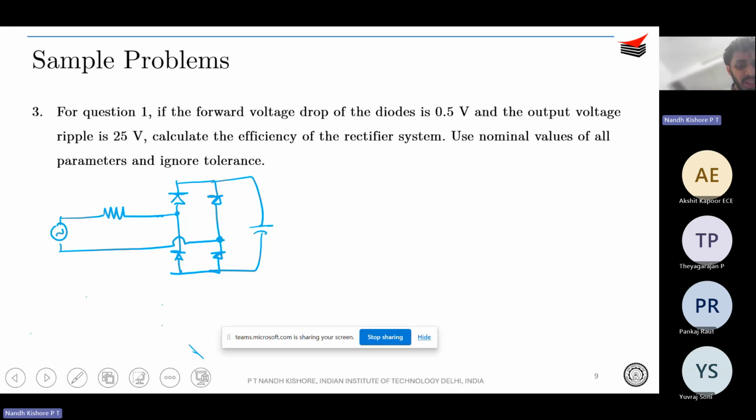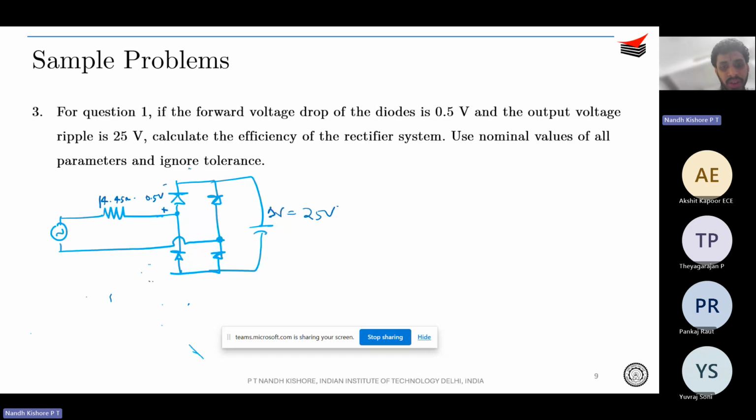Forward voltage drop of each of the diodes is 0.5 volts. RS was 14.45 ohms. Okay. 0.5 volts, and the output voltage ripple, that is delta V, is 25 volts. Calculate the efficiency. Okay, use nominal values of all parameters, ignore tolerance.